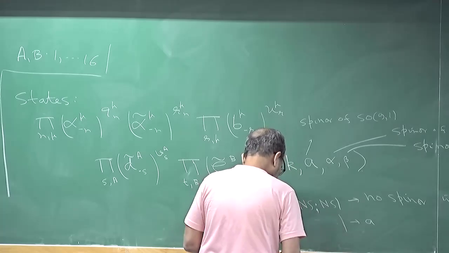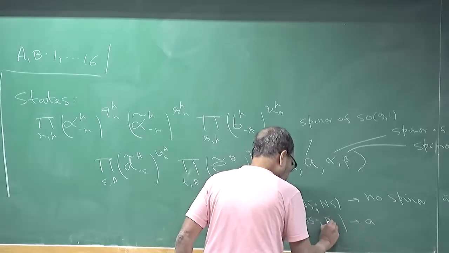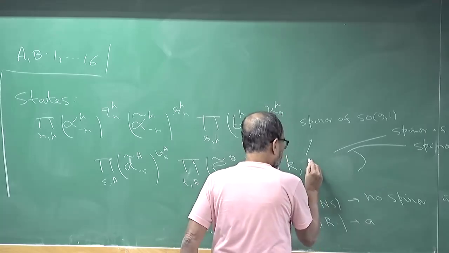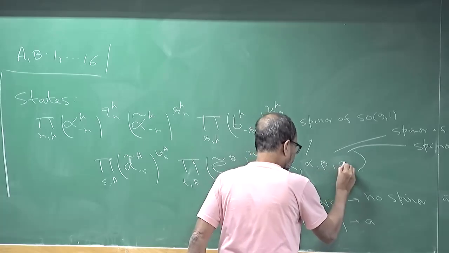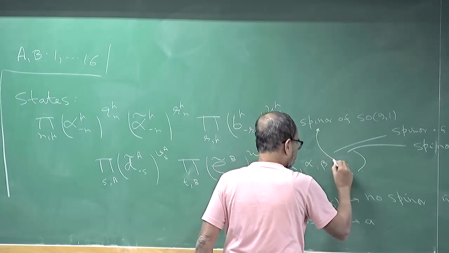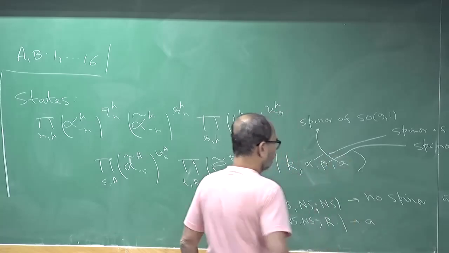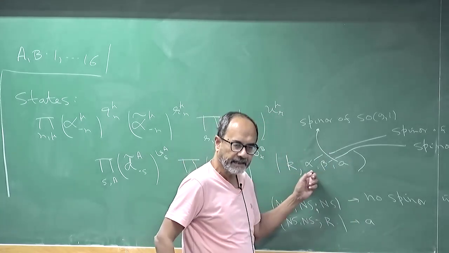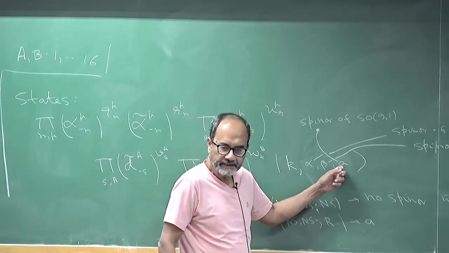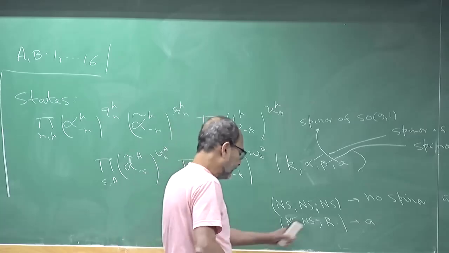NS, NS, R. Right should come on the right. Alpha, beta, A. So A goes here, spinor of SO9,1, and these ones go here. So the left has these two indices, SO16,1 and SO16,2. The right has the index of SO9,1. So NS, NS, R has only A.